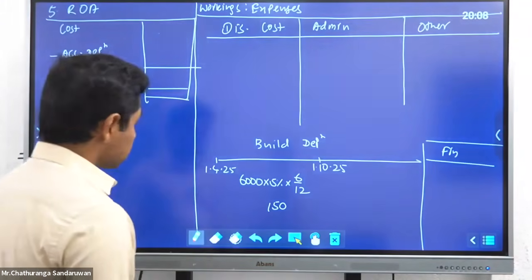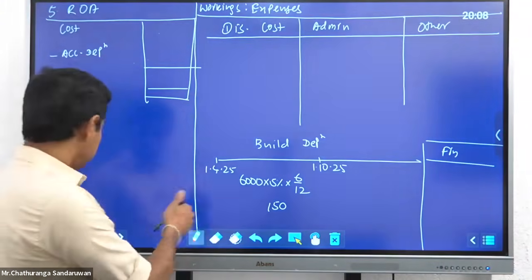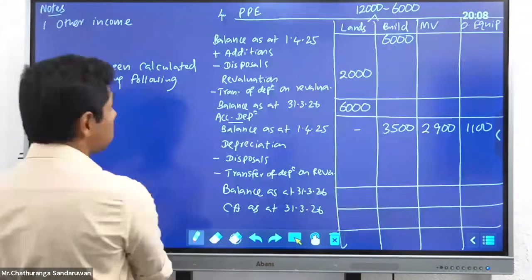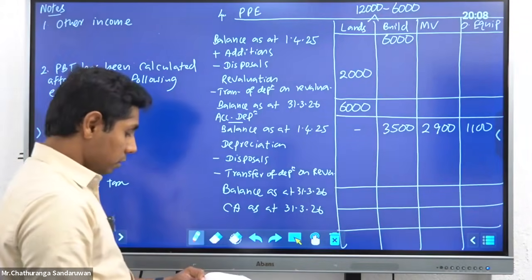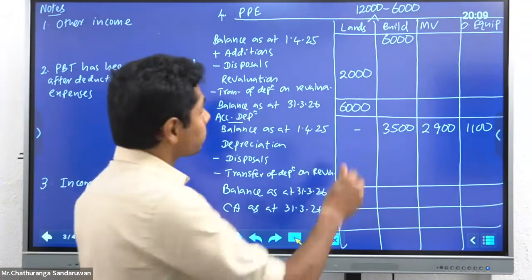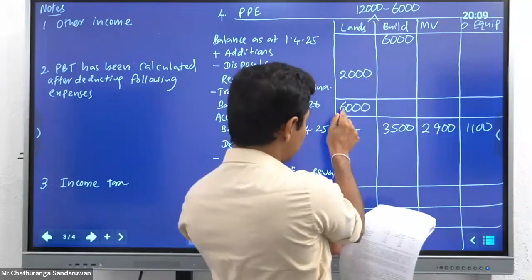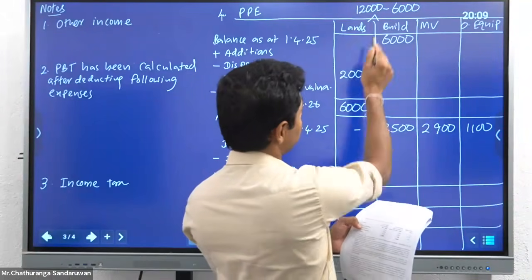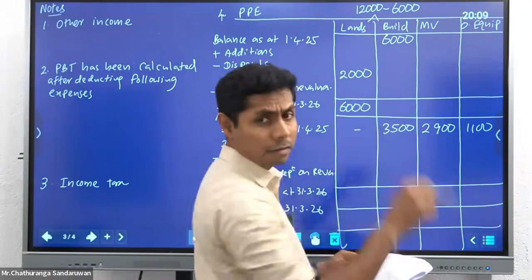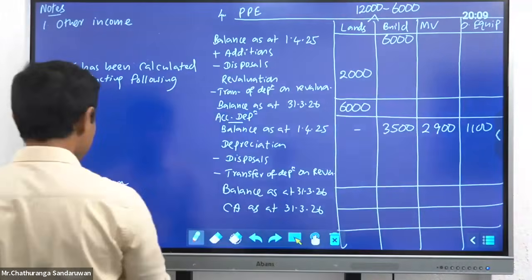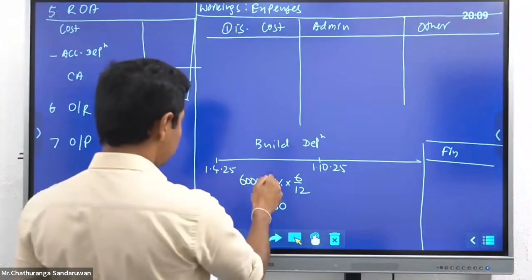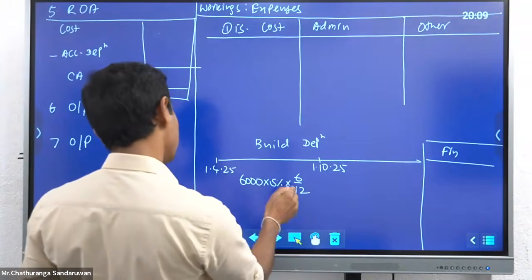All right. So the total balance of lands and buildings is 12,000. This includes the revalued amount of land 6,000. So the beginning balance of buildings is 6,000, right? So 6,000 into 5%, 300, half of that 150.